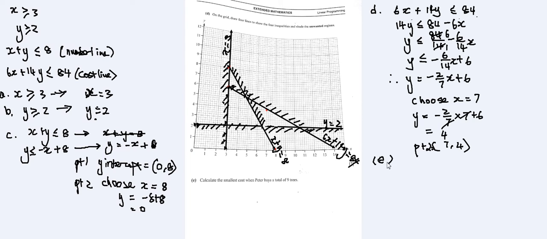Now let's look at it. Find the smallest cost when Peter wants to buy a total of 9 trees. Bear in mind, a total of 9 trees.